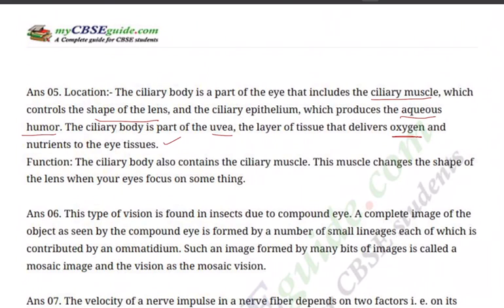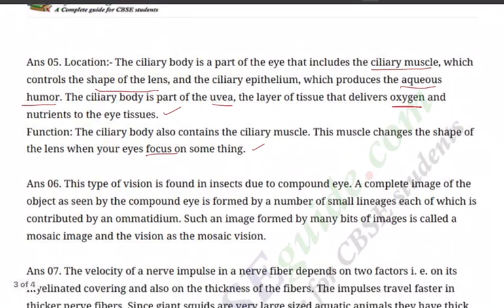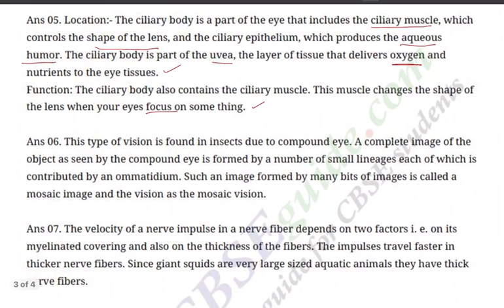And nutrients to the eye tissue. The ciliary body also contains ciliary muscles. This muscle changes the shape of the lens when your eye focuses on something. So you can imagine without a ciliary body, there would be no change in the shape of the lens. That would have made it very difficult for us to see things. So thanks to the ciliary body.